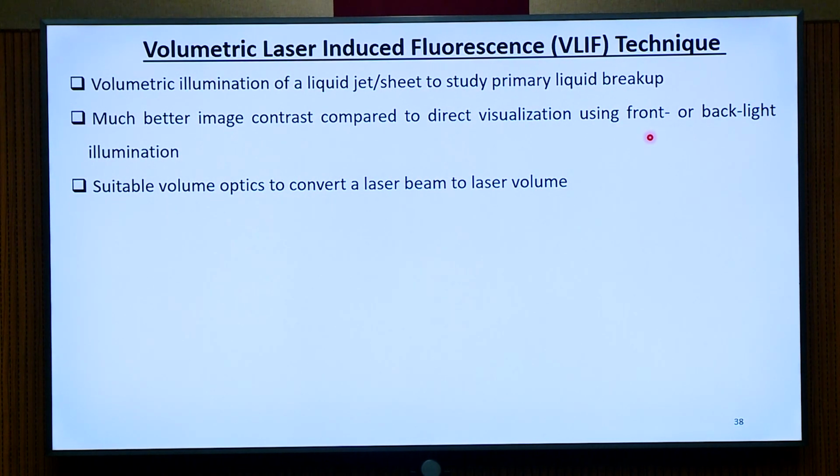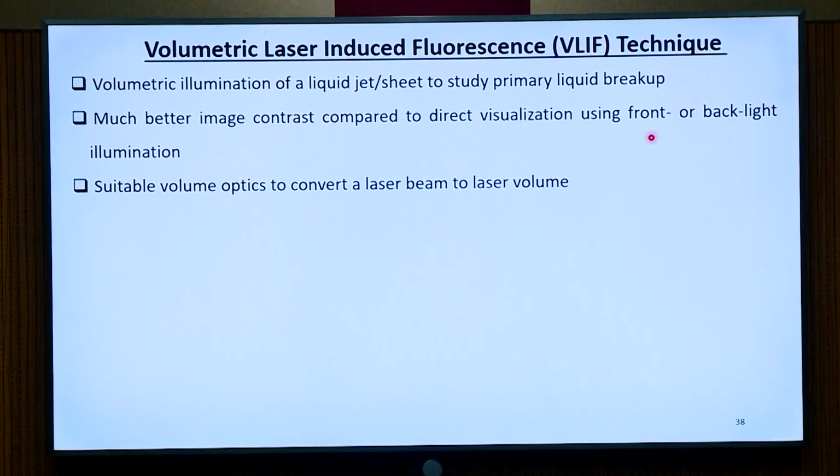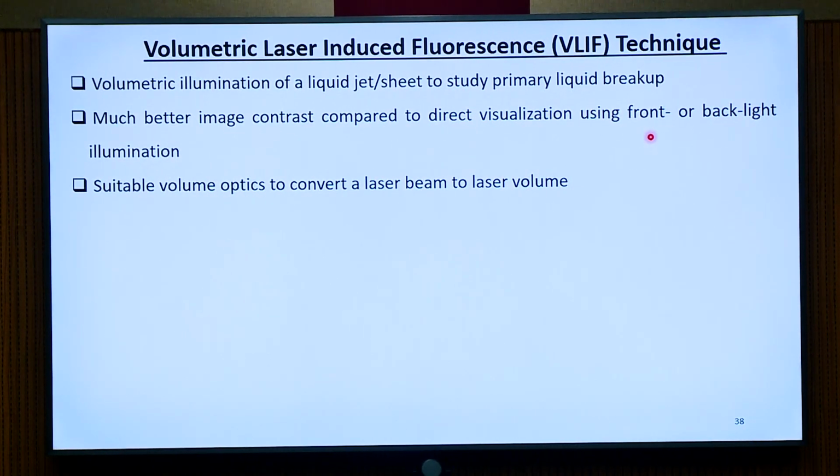Tomo PIV itself is a volumetric technique where you can illuminate a volume of the flow, and there we can find the droplet position and 3-component droplet velocity. I am not aware of anyone applying Tomo PIV over droplets. But volumetric laser-induced fluorescence has some advantage.